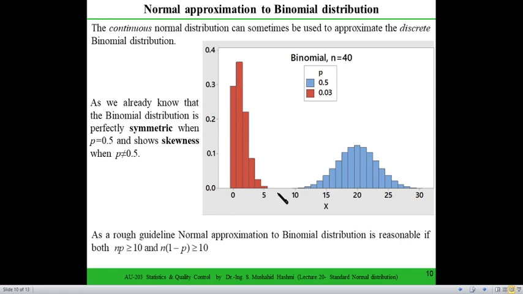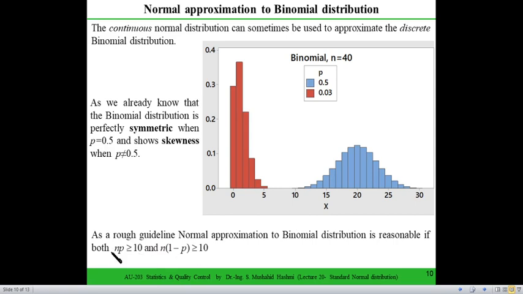What we can do is approximate the given distribution as a normal approximation, for any discrete binomial random variable into a continuous normal random variable, if your binomial distribution is such that the number of trials times the probability of success is greater than 10, and the product of n and 1 minus p, which is the probability of failure times n, is also greater than 10.